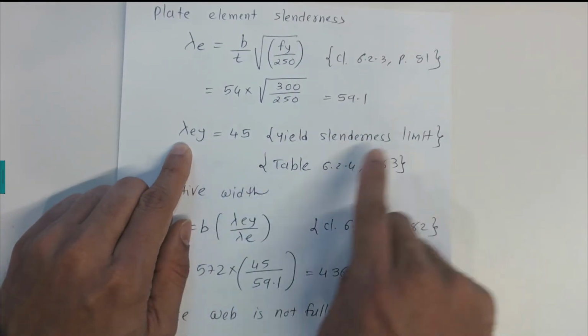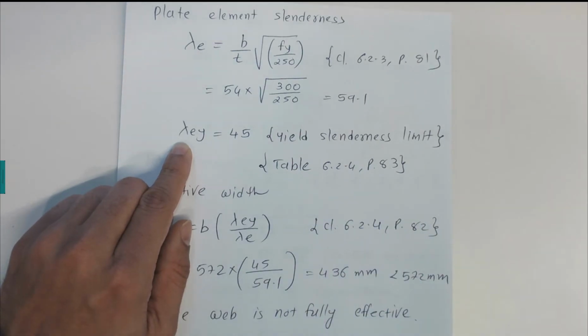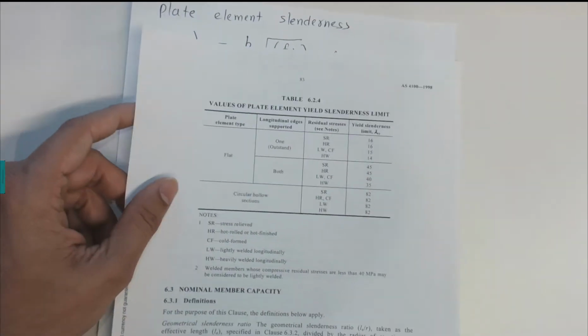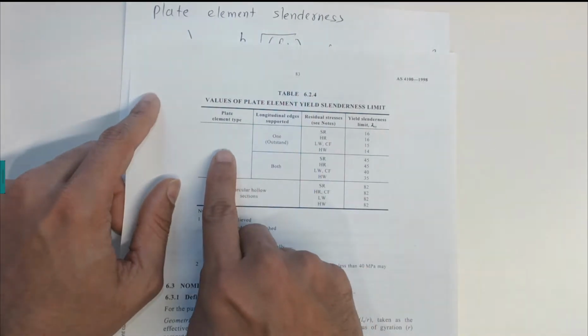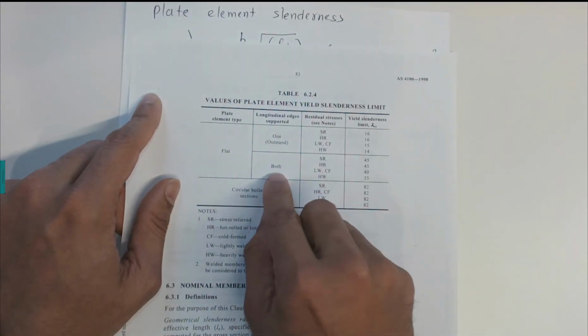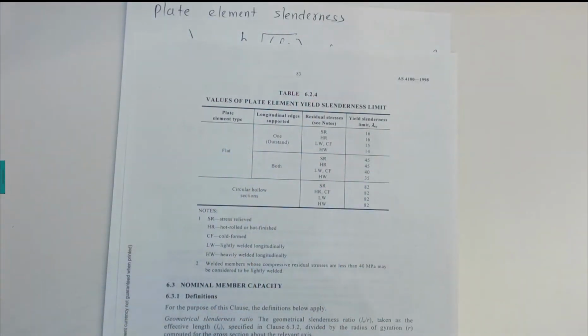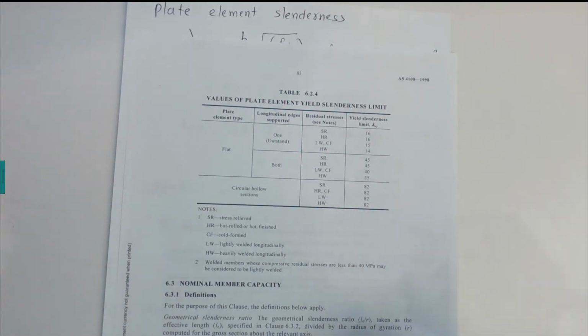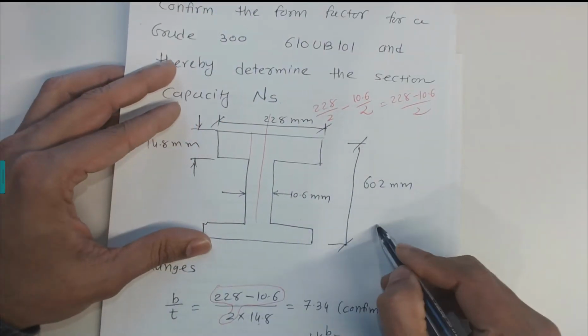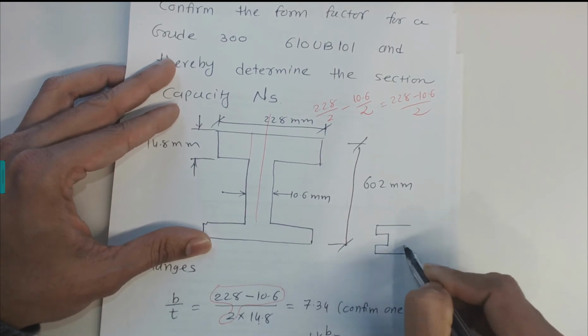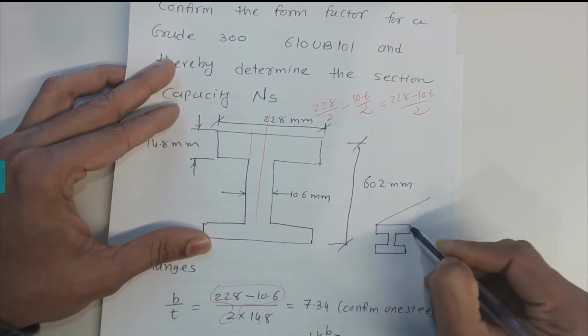Now yield slenderness limits taken from table 6.2.4 on page number 83, where we have both edges supported. In the case of the web, let's draw this I-beam here.